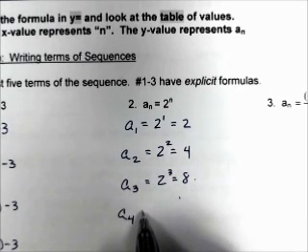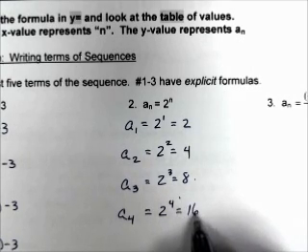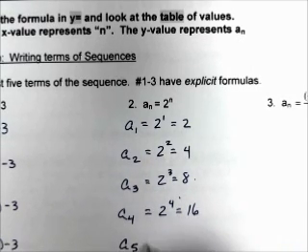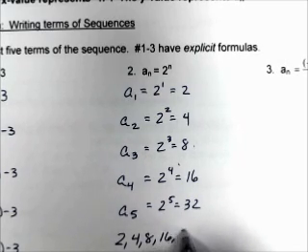Continue, a sub 4. Our fourth term would be 2 to the fourth, 16. And our fifth term, a sub 5, would equal 2 to the fifth, which is 32. So our first 5 terms here are 2, 4, 8, 16, and 32.